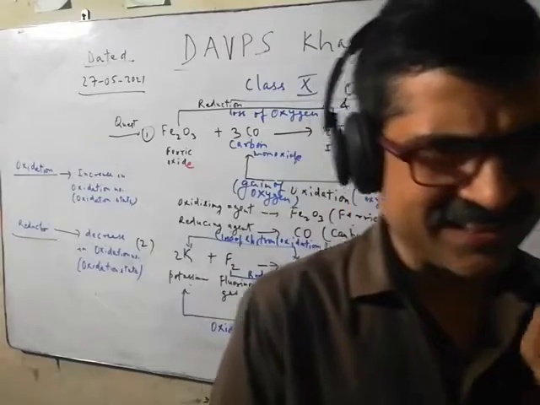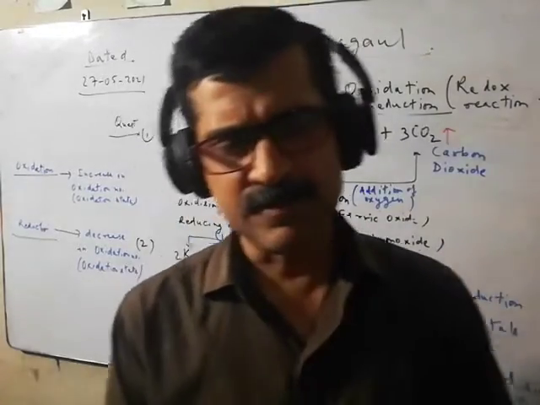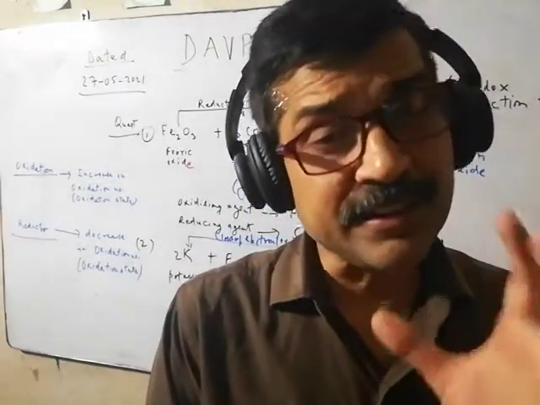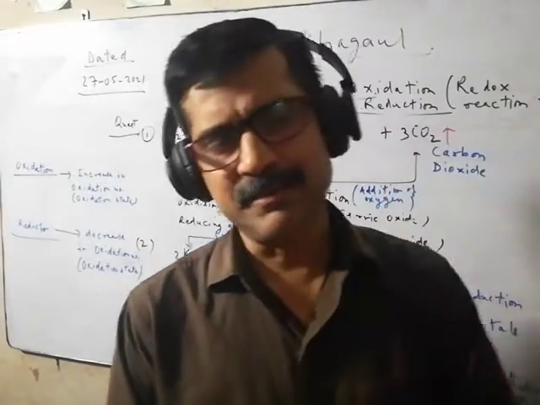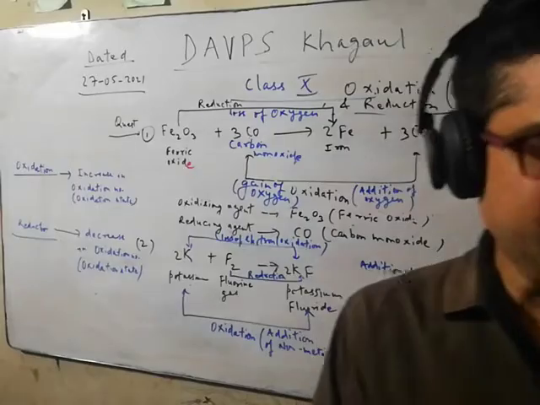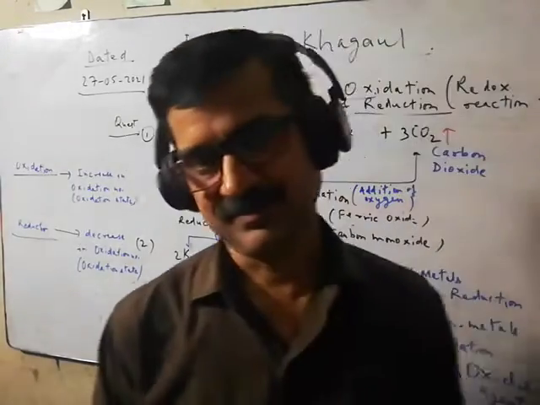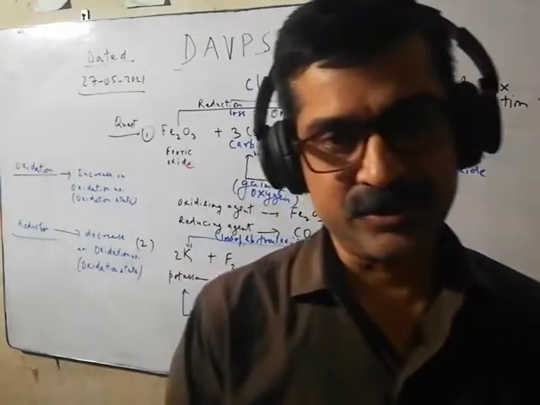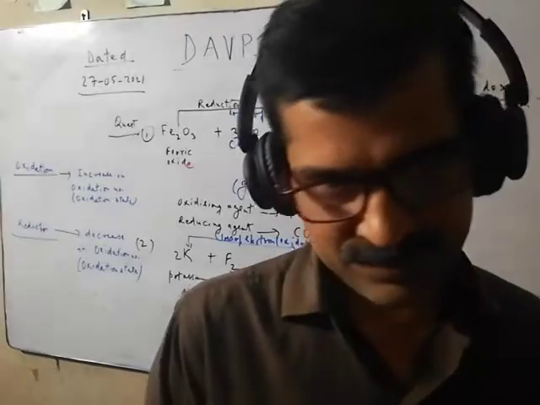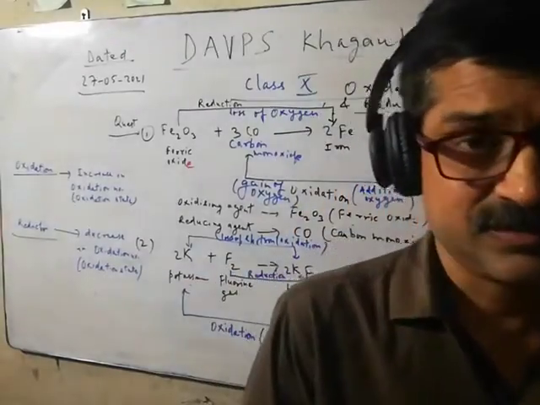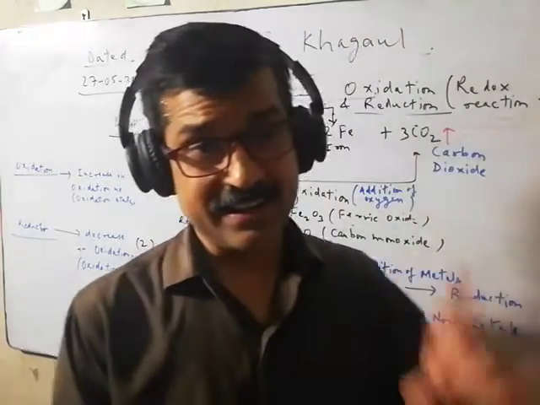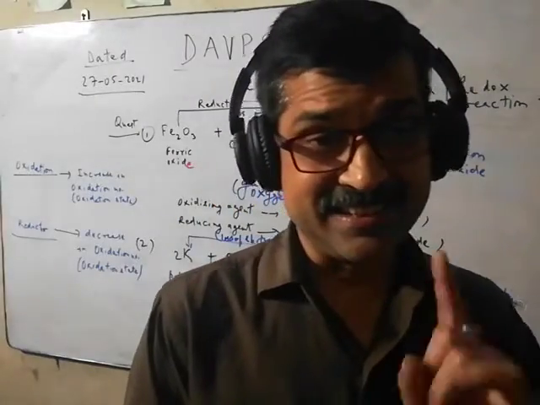The oxidation reduction in terms of gain and loss of electrons. Now, you tell me, what is gain of electrons called? I am giving you a few seconds. Think about it. Gain of electrons is reduction.